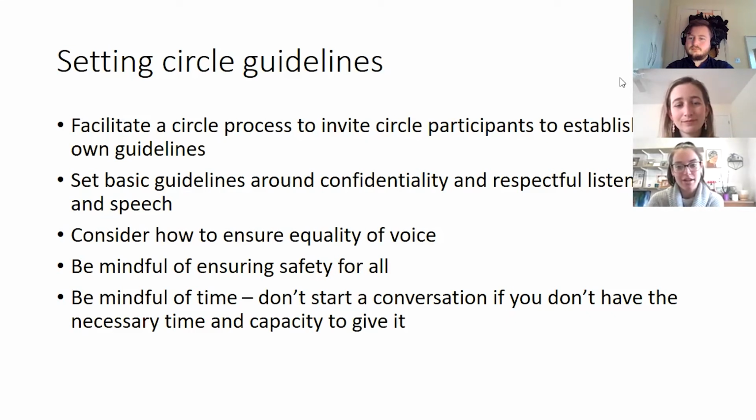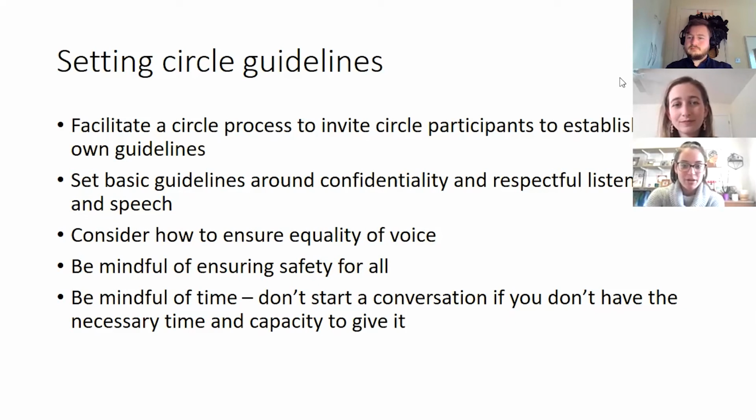I think a common phrase is the idea of step up, step back. But I think that's an important piece to this, is being mindful of not only giving equal time for an opportunity, but really being mindful of how you're taking up time and space and giving opportunity to others in an equal way.